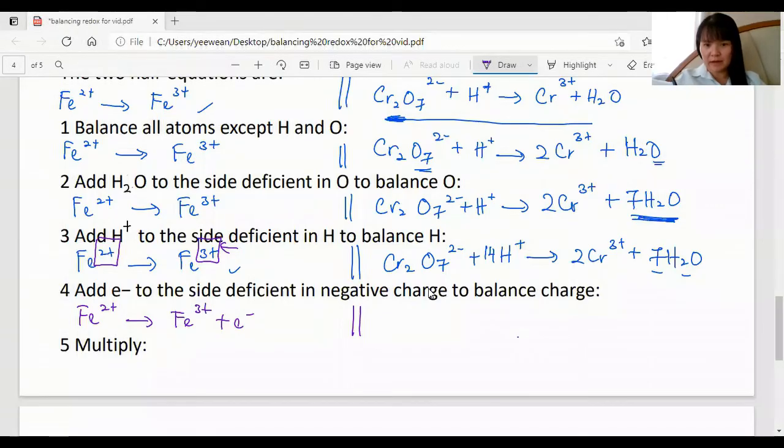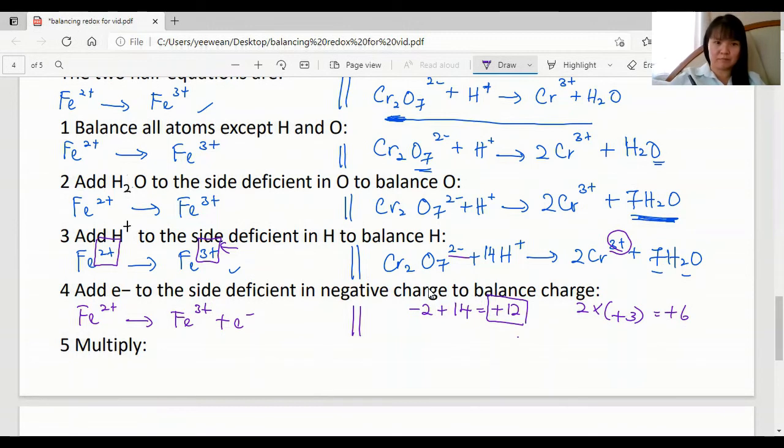For the other side, negative 2 plus 14 positive equals positive 12. On this one there is positive 3 times 2, I will get positive 6. So in order to make this become positive 6, I will need 6 electrons.